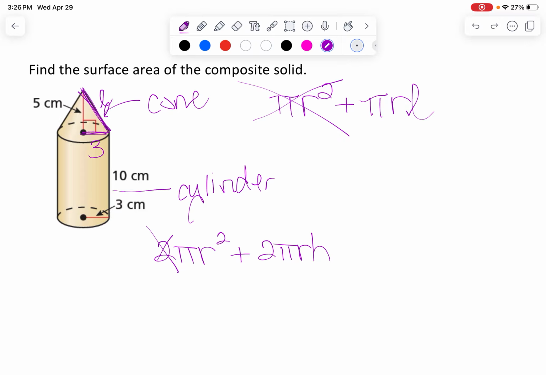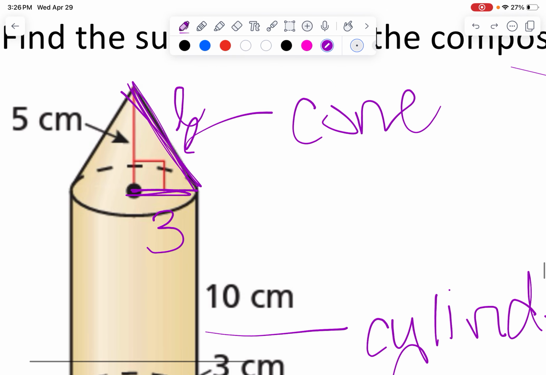I think the first thing we want to do is figure out what our slant height is in this triangle here. So let's do that. We've got 3 squared plus 5 squared is equal to L squared. Figure out what our slant height is.